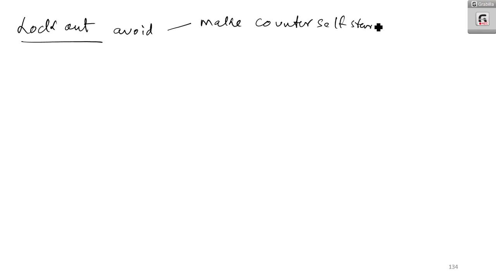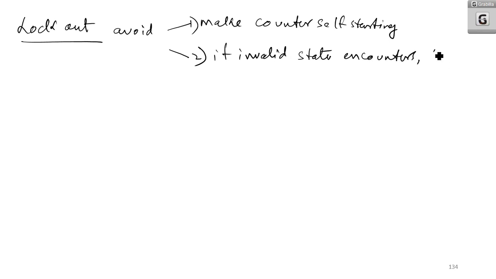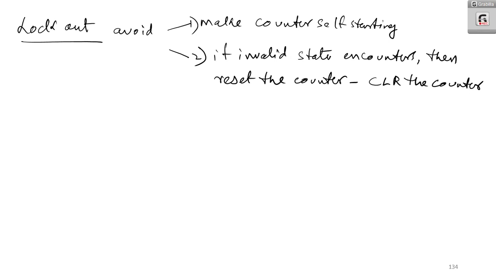The second method is, if an invalid state is encountered, then reset the counter, that is, clear the counter. So those are the two ways to avoid lockout.